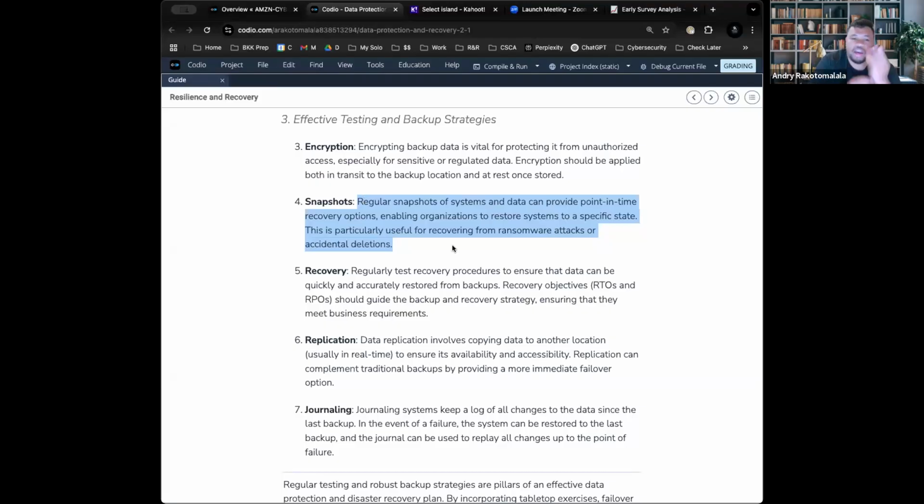So you can have a backup of one specific point in time, which can be useful. Let's say I have a snapshot of all of my data from yesterday. Well, then if I get ransomware today, I can just say, that's okay. Since I can't access any of my servers here, let me just restore my snapshot. It was just a point in time yesterday or what have you.